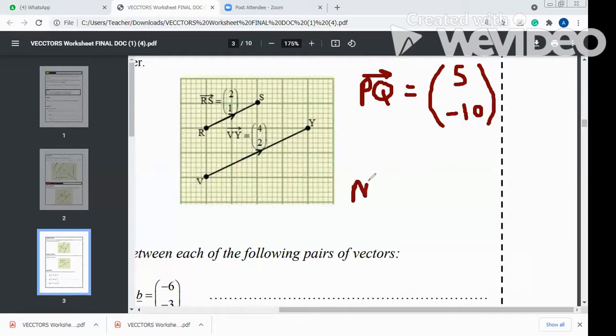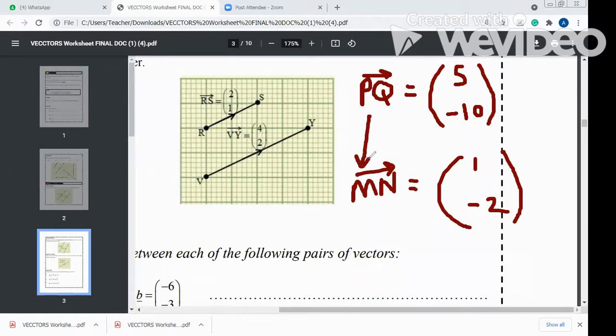And you have a next vector, MN, and MN is 1 and -2. This is my question: are these two vectors parallel?